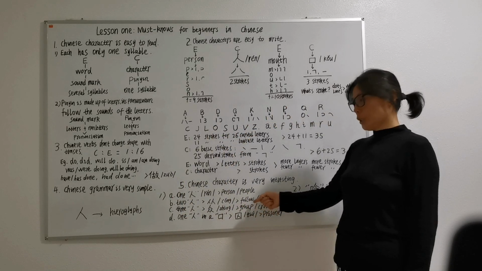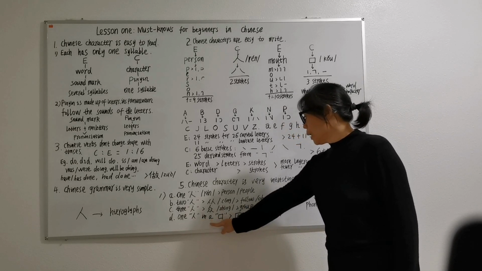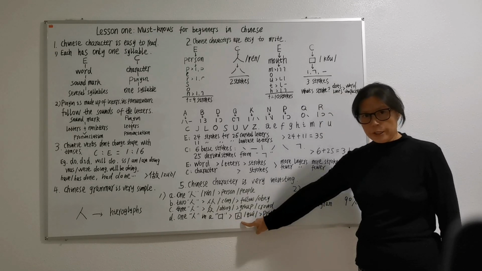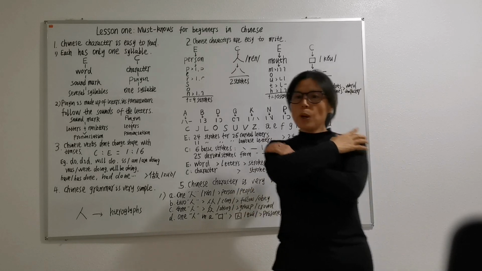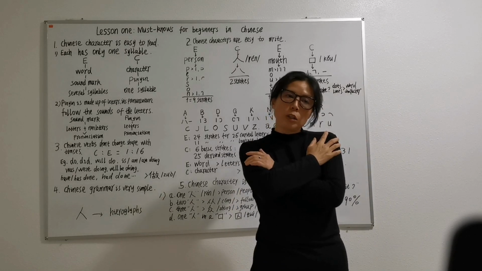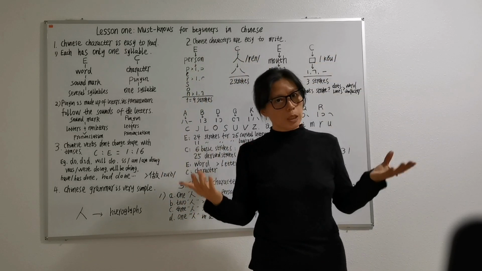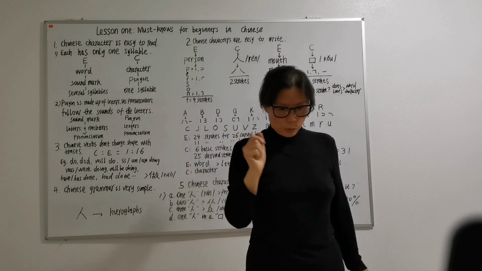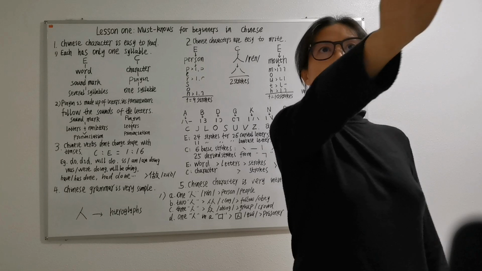That's it. And 1人 inside 口 forms this character. What's it? 1 person is locked in one mouth, in one place. What's it? He can't go this direction. No, he can't go out.